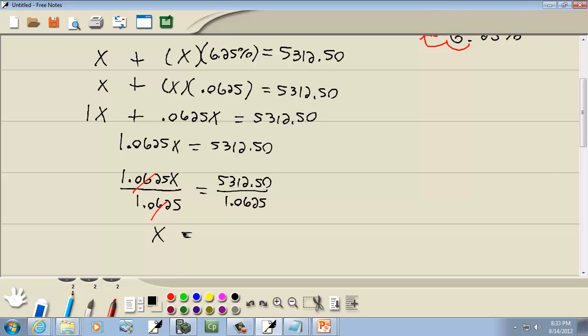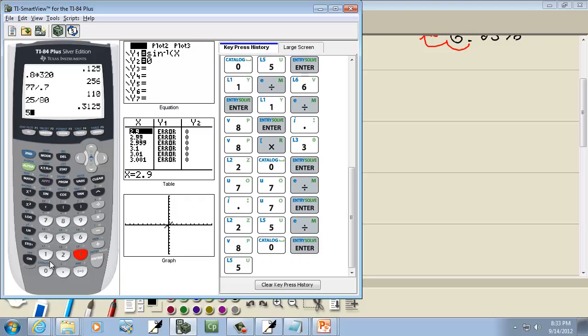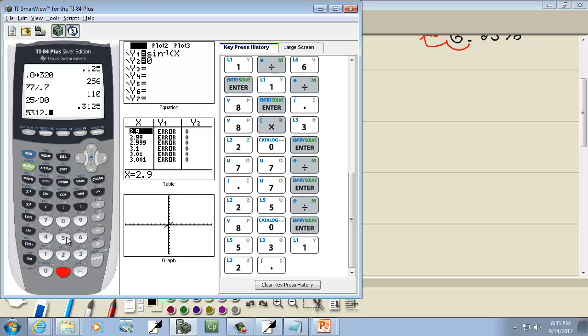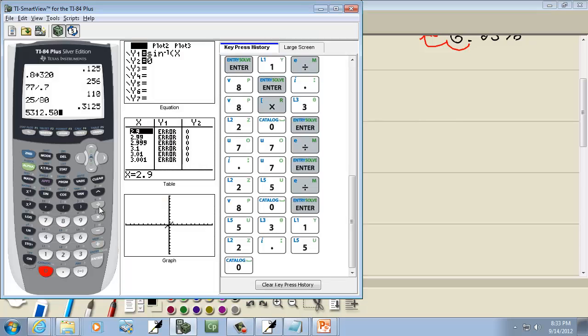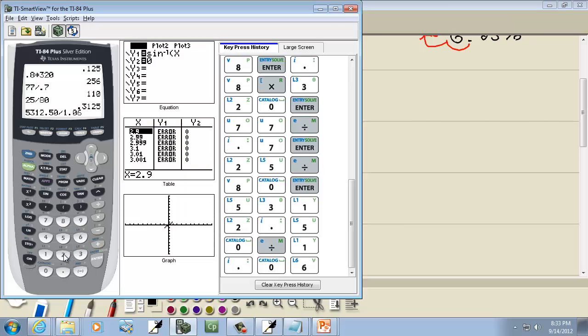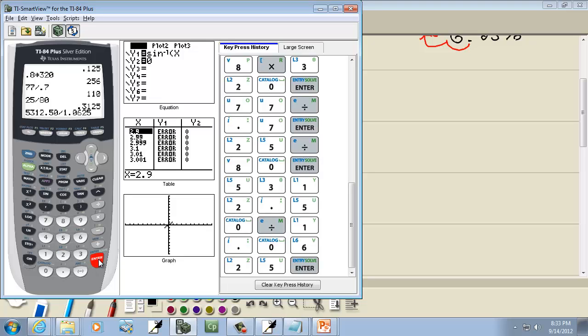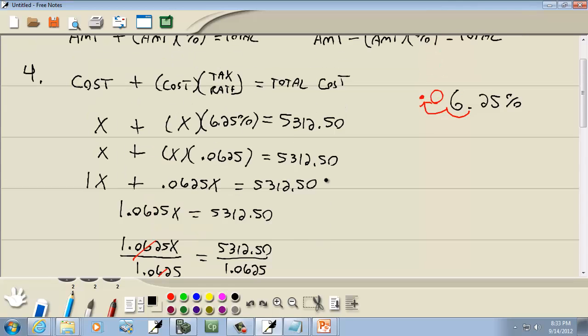On this side, we got 5312.50 divided by 1.0625, and we get 5,000. So that would be our cost before they added on the sales tax.